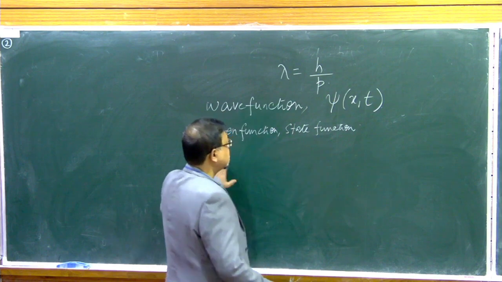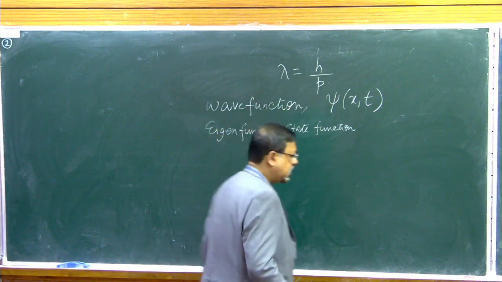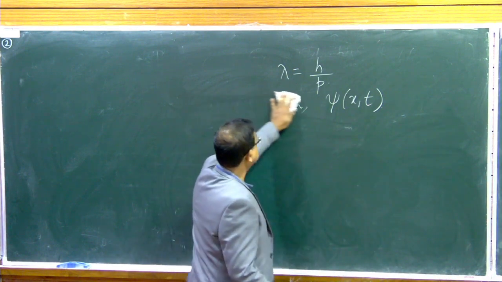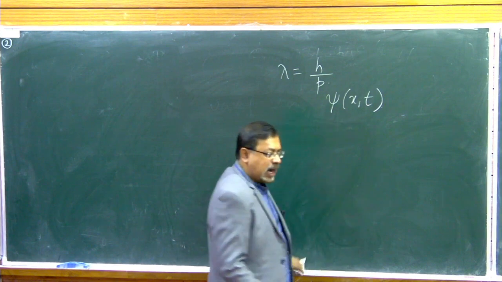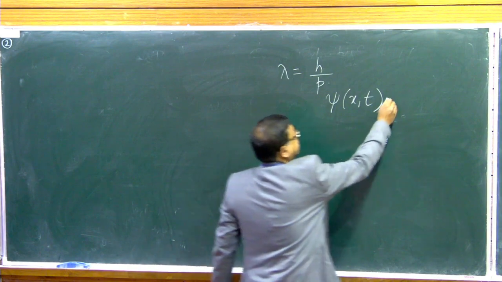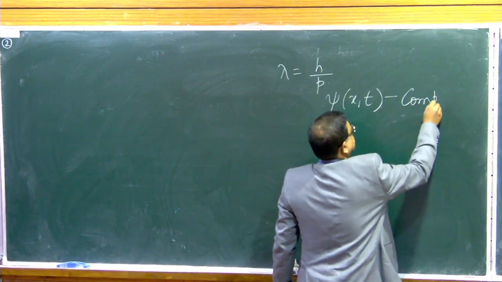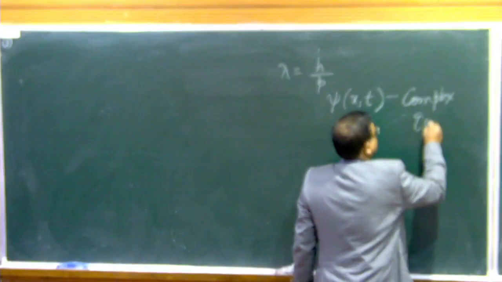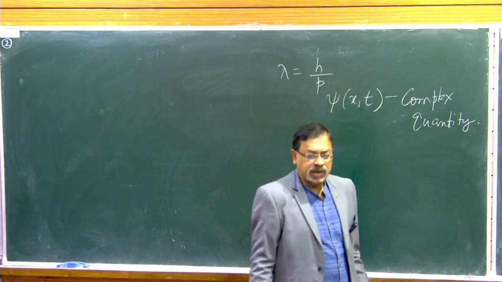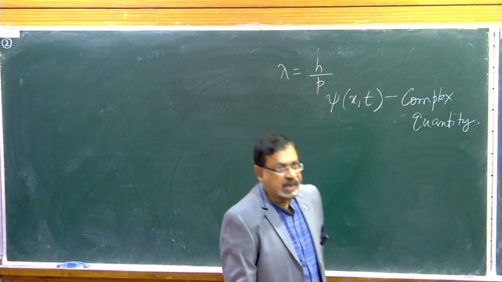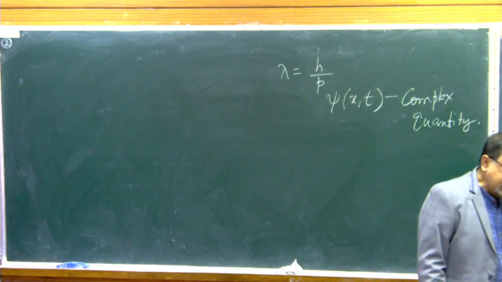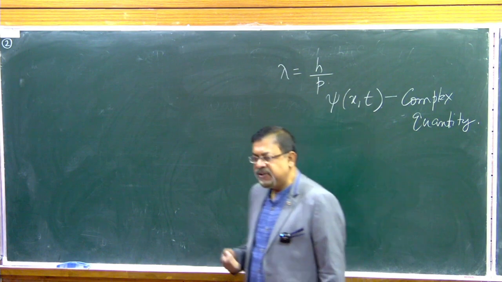So coming to this function, let me just keep this psi for the moment, and we know that it has a number of names. So this is in general a complex quantity, and what does complex quantity mean? Complex quantity means that it has both a real part and an imaginary part. So by itself, psi does not have a physical meaning.